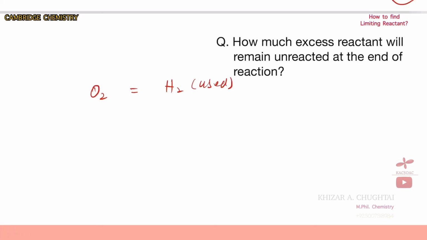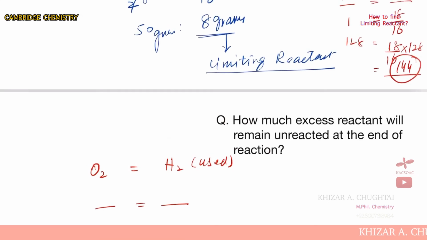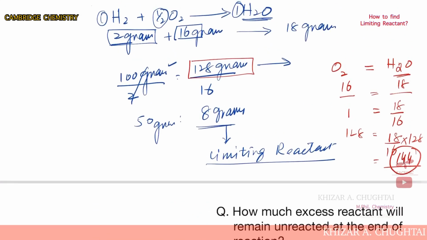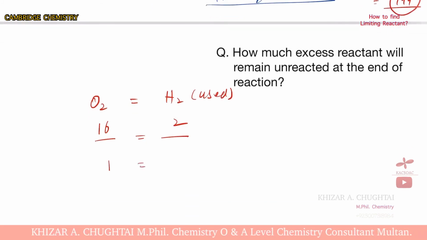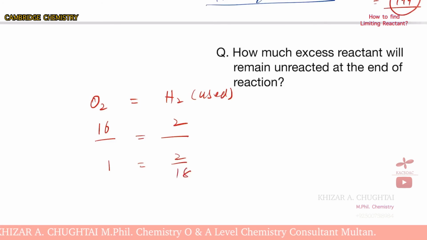Once again I am taking the initial values from the balanced chemical equation. From the balanced chemical equation, 16 gram of oxygen reacts with 2 gram of hydrogen. 1 gram of oxygen requires 2 over 16 of hydrogen.